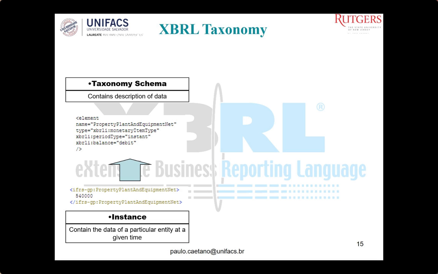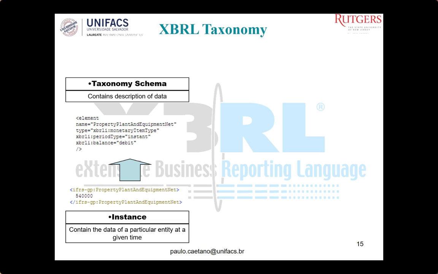It has a type. This type is monetary item type. The definition of monetary item type is in the XBRL 2.1 specification. The monetary item type is based on decimals, and it must have units that define the kind of currency, for example.